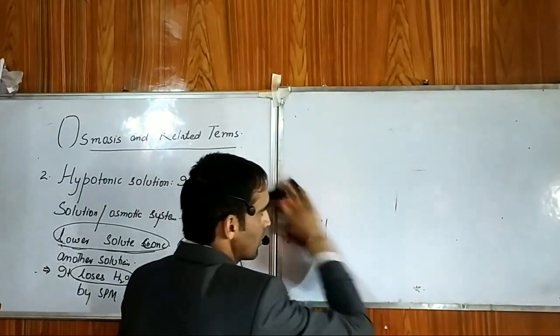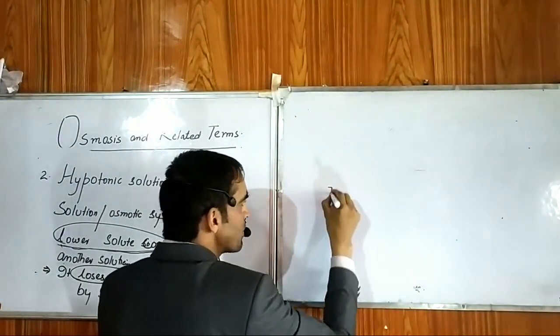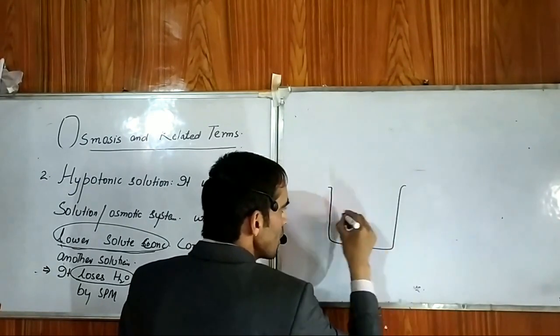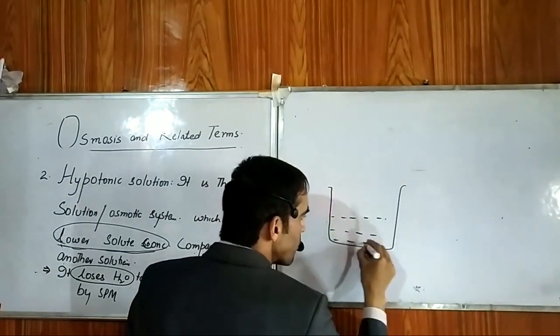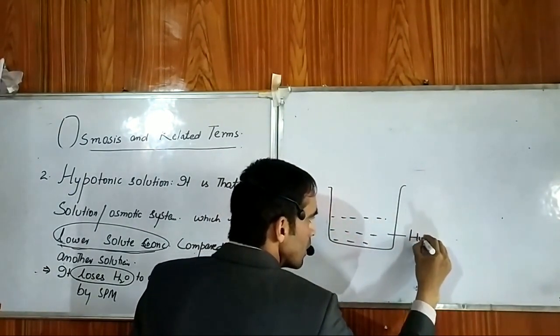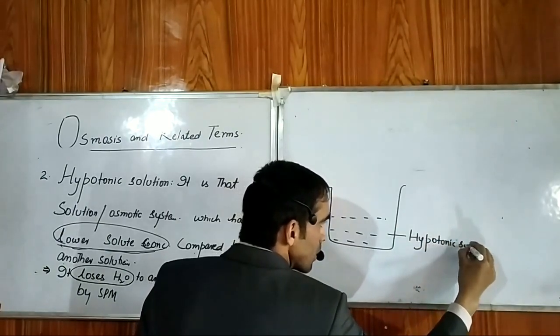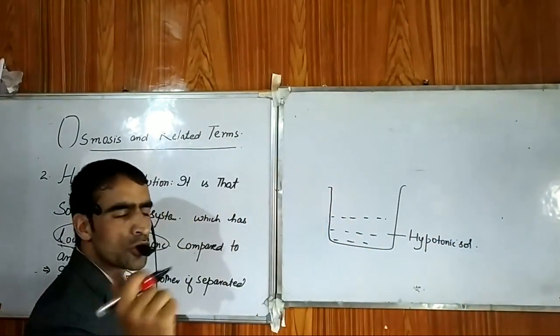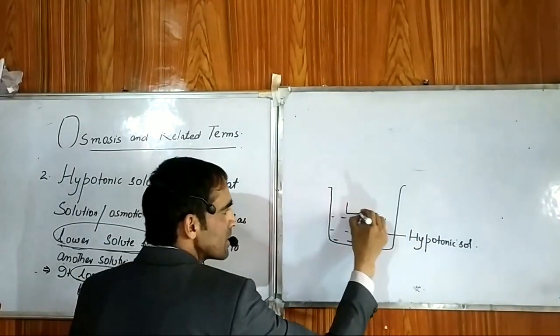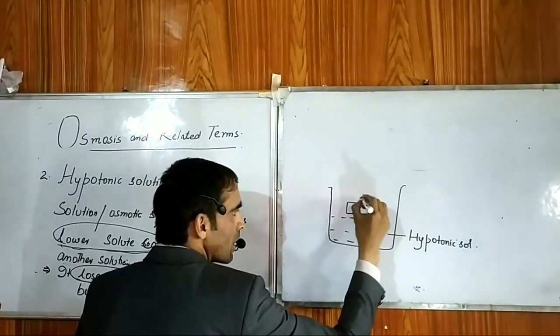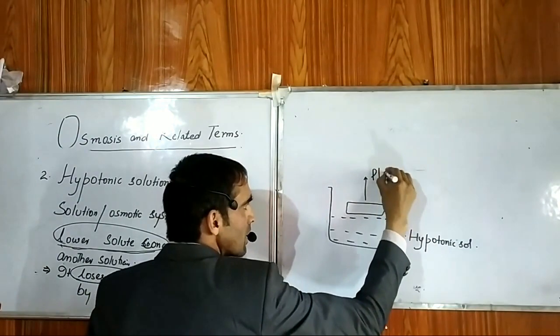मैं आपको यहां पे दिखाऊंगा. Suppose this beaker contains hypotonic solution. This is hypotonic solution. Now what you do? आपने एक plant cell यहां पे रखा है. This is another system.